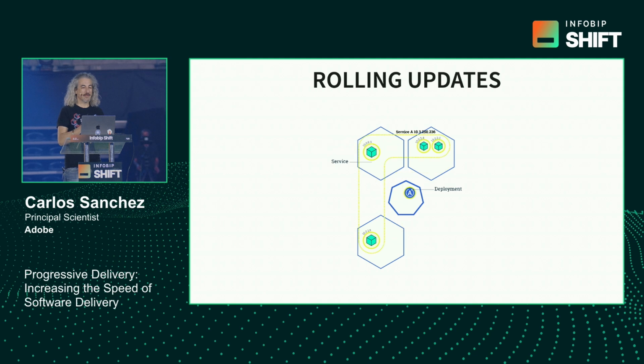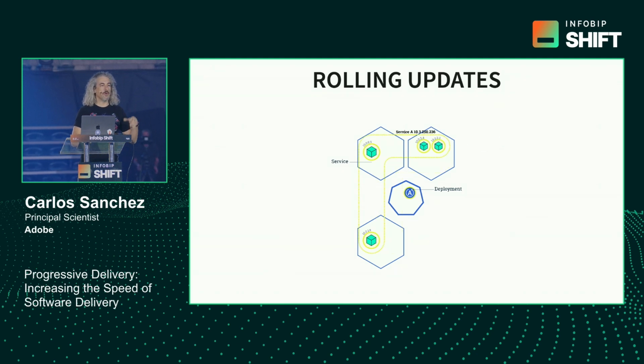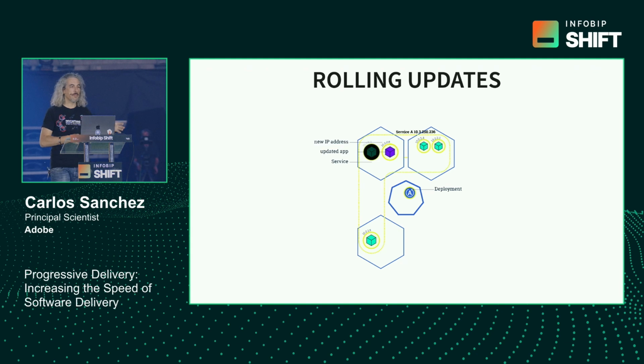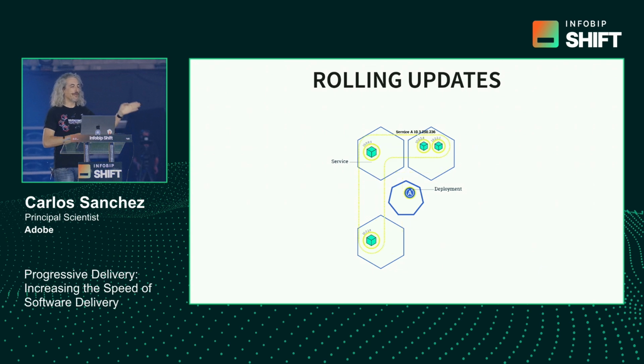So rolling updates is this idea. It was done before for VMs, but this is the default rollout of Kubernetes. You change a deployment, you get new pods, new containers coming up, and as new containers come up, the old ones get deleted. So you have one new pod, delete the old pod, another new pod, delete the old pod, and you can set parameters to do it faster, slower, more pods at once, less pods at once, but this is the default.